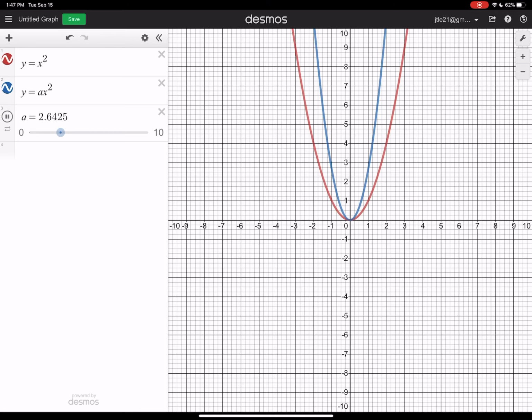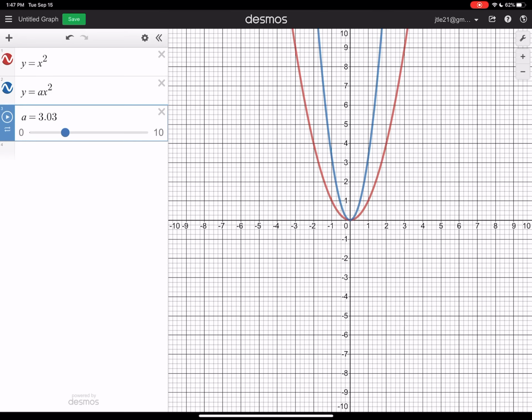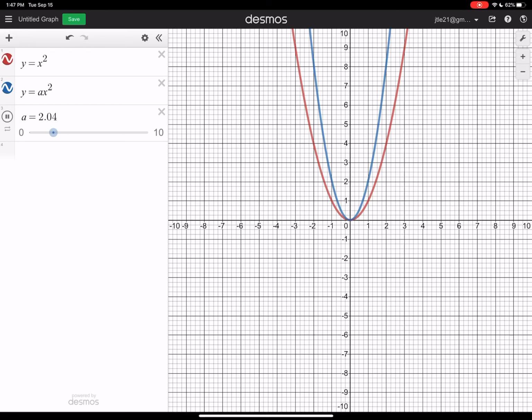When the A value was getting larger, there was a vertical stretch. You could obviously tell that it got narrow. And then when A was a little bit less than 1, notice how it got wider and wider and wider because you vertically shrunk it. Okay? Gets wider and wider and wider than the original one.